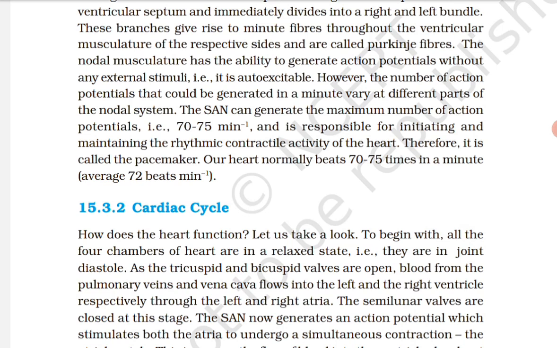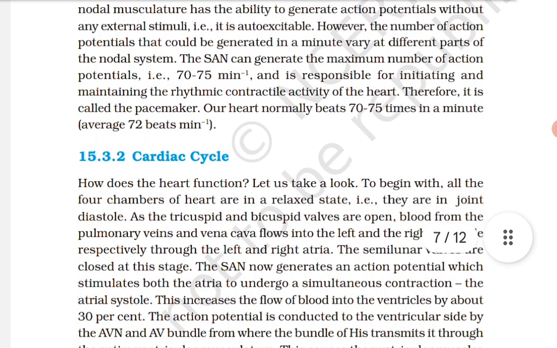The opening between the right atrium and the right ventricle is guarded by a valve formed of three muscular flaps or cusps, the tricuspid valve, whereas a bicuspid or mitral valve guards the opening between the left atrium and the left ventricle.